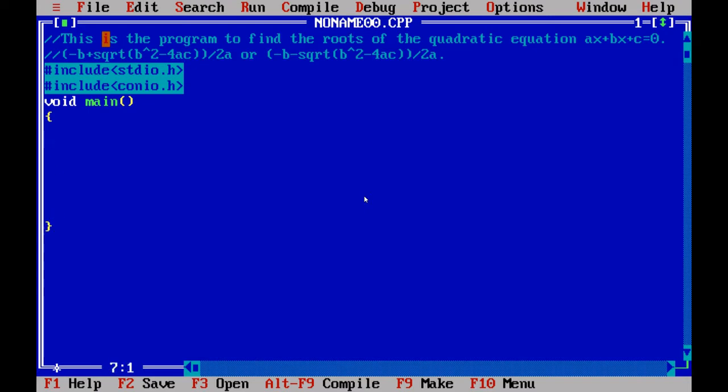First, we have to consider the inputs here. You have to get the equation first. So instead of getting an equation, you can enter the values of a, b, and c. Here you can type int a, b, c.